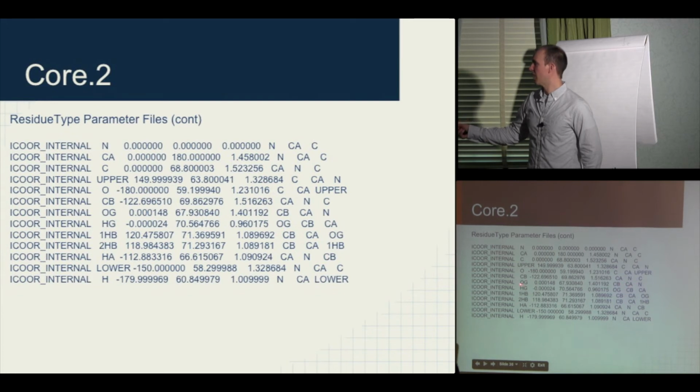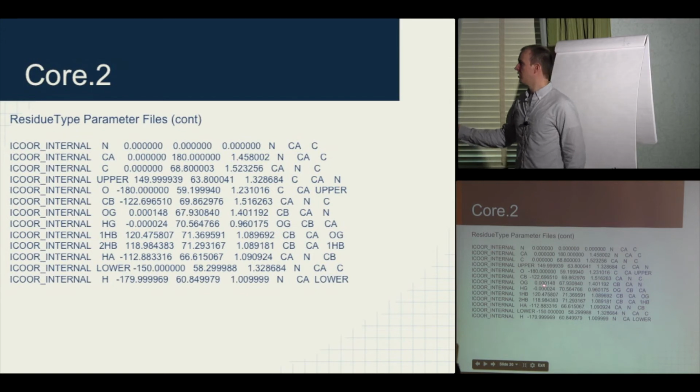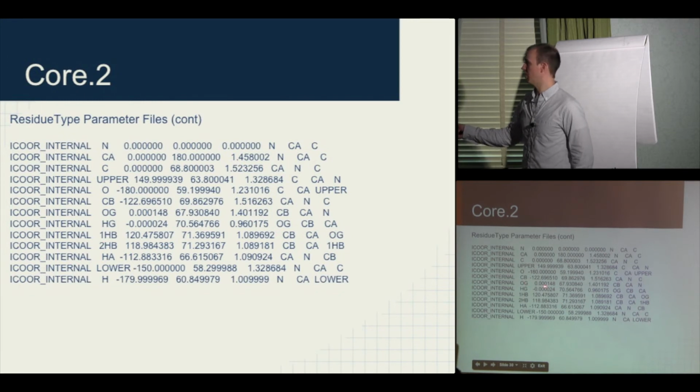So in this case, O gamma's parent is C beta, its grandparent is C alpha, and its great grandparent is N. And to compute the coordinate of O gamma, you use these three parameters, which are the torsion angle from the great grandparent, grandparent, parent to child, which is this first column.